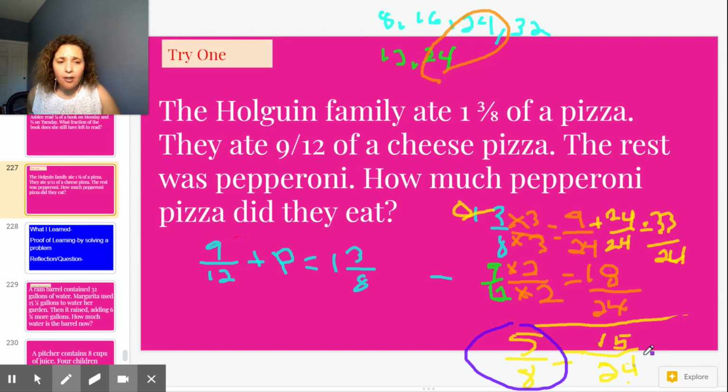Can I divide 15 by 2? No. But I divided top and bottom by 3 because I can divide both the top and the bottom by 3. 15 divided by 3 is 5, and 24 divided by 3 is 8. So then I got 5/8.